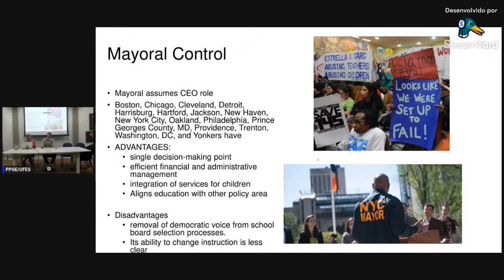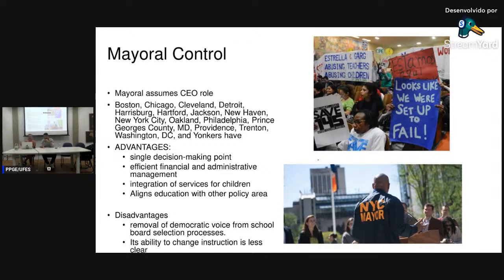E uma vantagem também seria que concentraria a decisão numa pessoa, né, no prefeito, e essas decisões, né, em relação à escola, elas estariam alinhadas às outras políticas sociais que o prefeito é responsável, né, que a prefeitura, né, seria responsável, como, por exemplo, moradia e outras questões sociais.